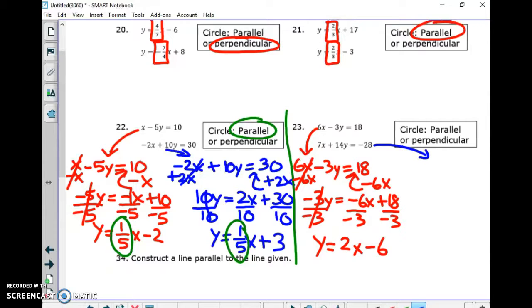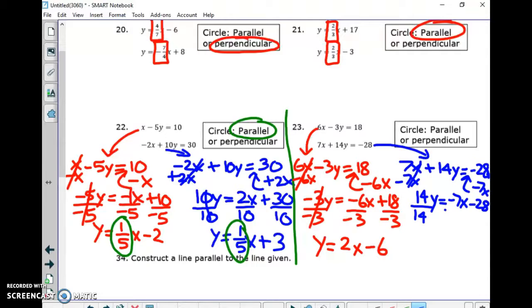Alright, so 7x plus 14y equals negative 28. Again, subtract the x, minus 7x, put it in front. That gives us 14y equals negative 7x minus 28.